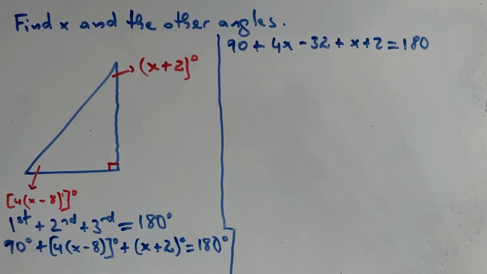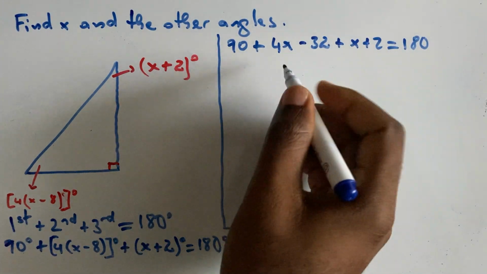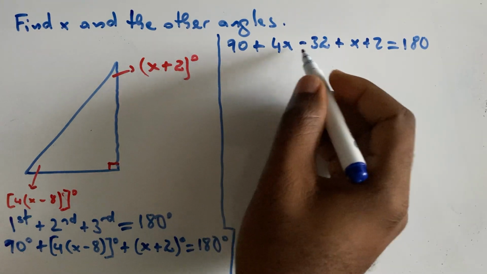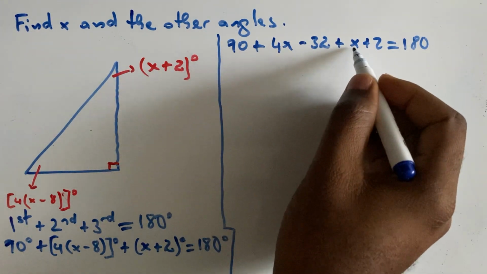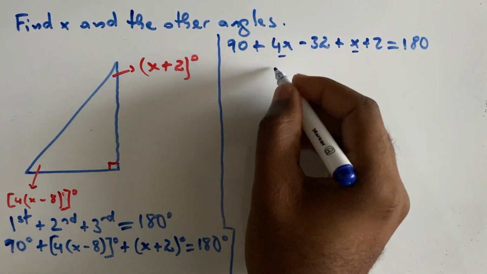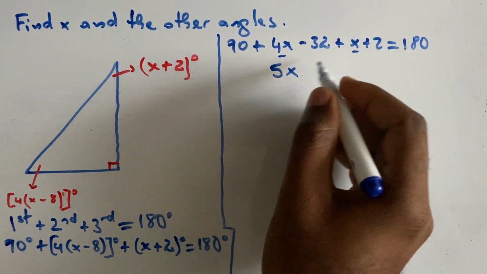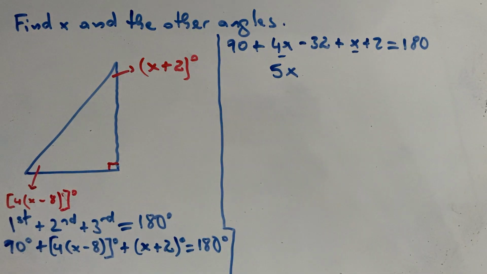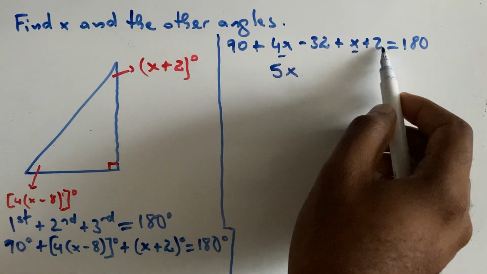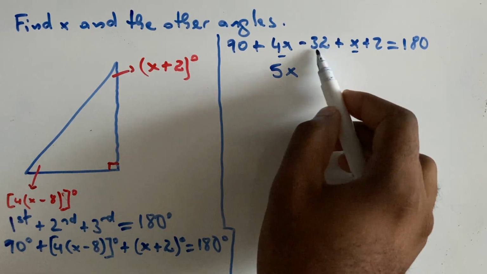Now I just need to combine like terms. 4x and x, so that's 5x, right? Only the x's I have here, so 5x. Then I combine these values here. Negative 32 plus 2 is negative 30.